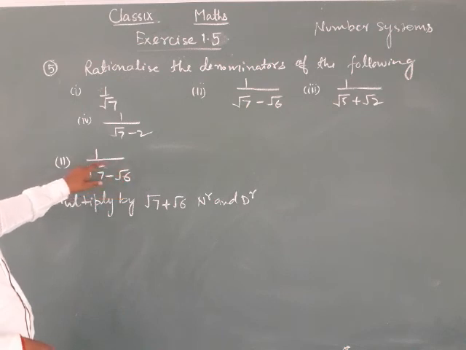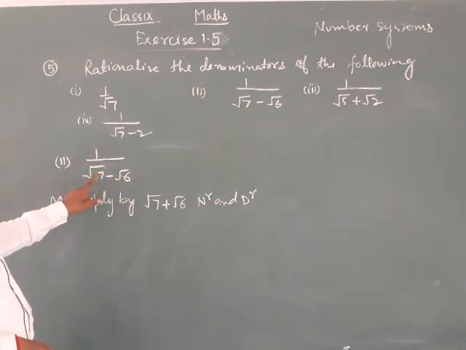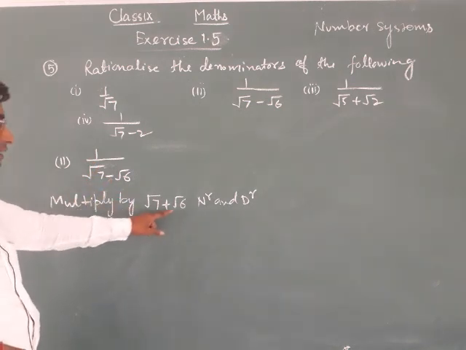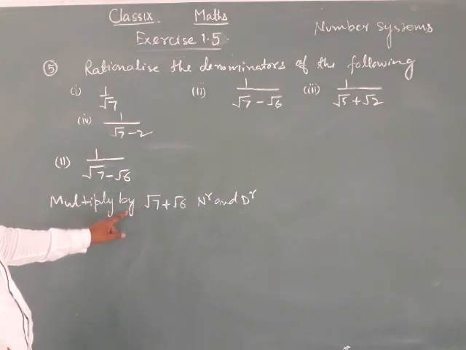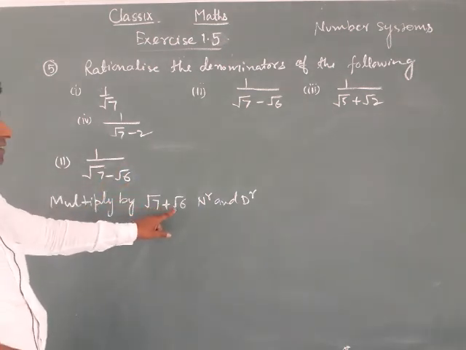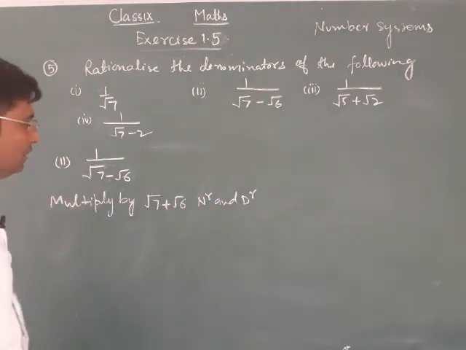So we take the conjugate of this irrational number, root 7 plus root 6. We multiply the numerator and denominator by root 7 plus root 6.